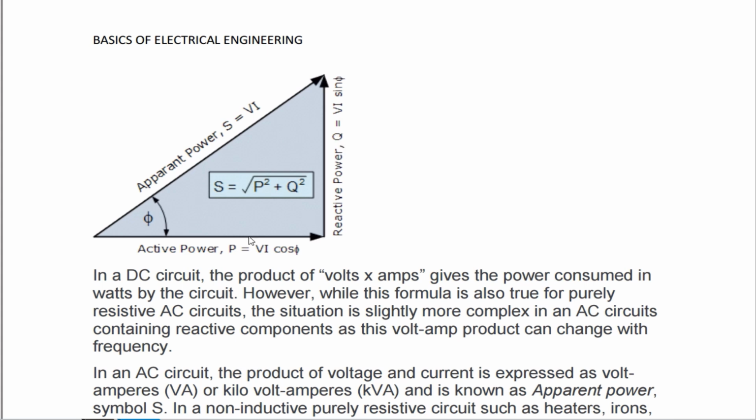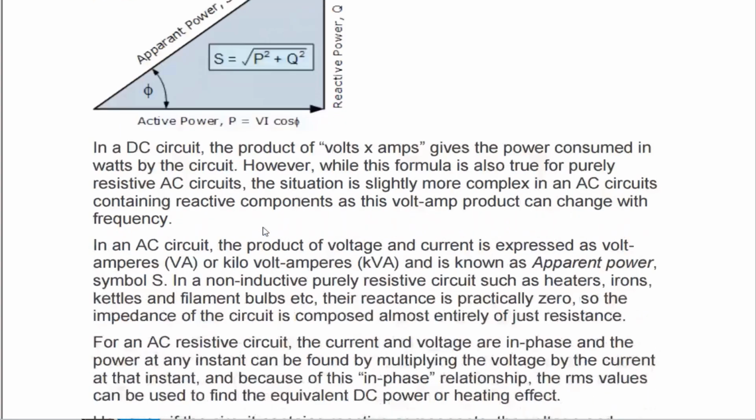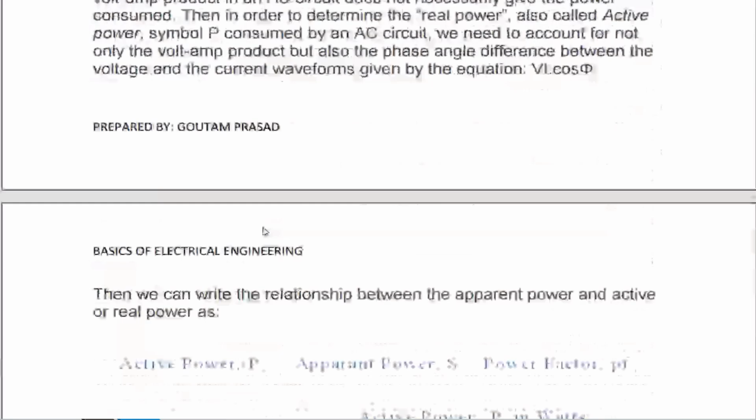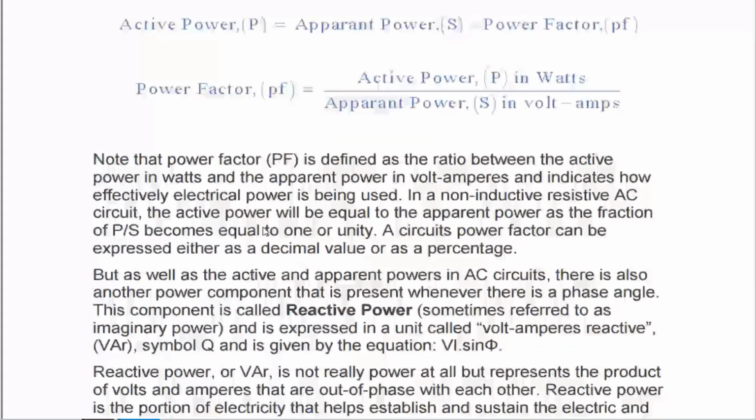So, active power is V into I into cos phi, V being voltage, I current, and cos phi is the power factor. Reactive power Q is V into I into sine theta, and apparent power is simply the multiplication of voltage and the current. So if you look at this, you will observe that you have got a relationship between P and Q. You know, active power is equal to apparent power multiplied by power factor.